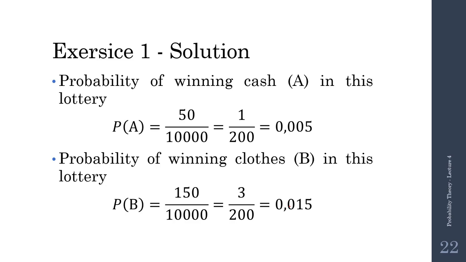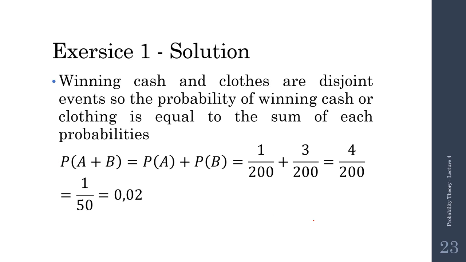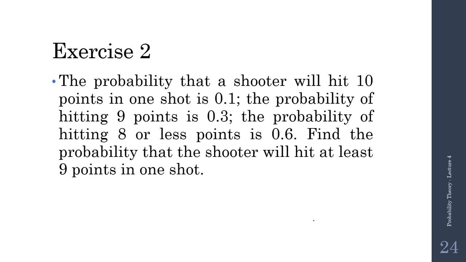Or we can calculate one by one: winning cash is 50 over 10,000 and winning clothes is 150 over 10,000. According to the addition theorem, their sum will be 0.02, which is winning cash or clothes.